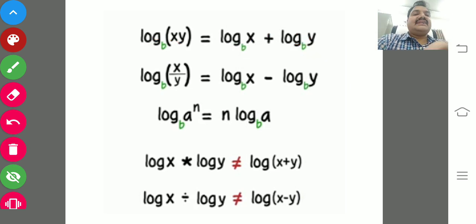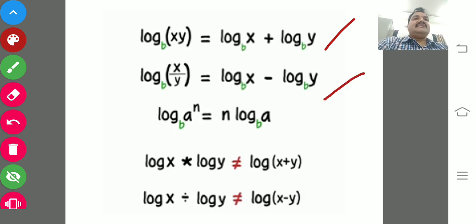So the first one is nothing but the logarithmic addition identity. The second one, subtraction identity: you just see that log x by y base b equals log x base b minus log y base b.